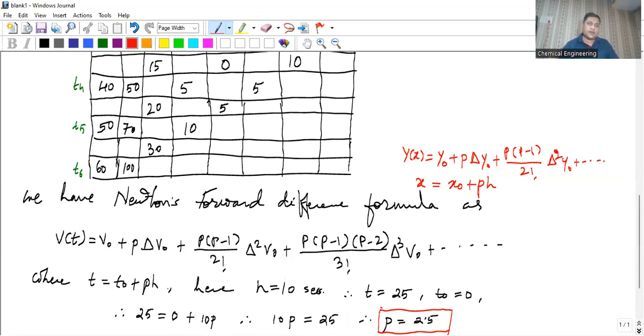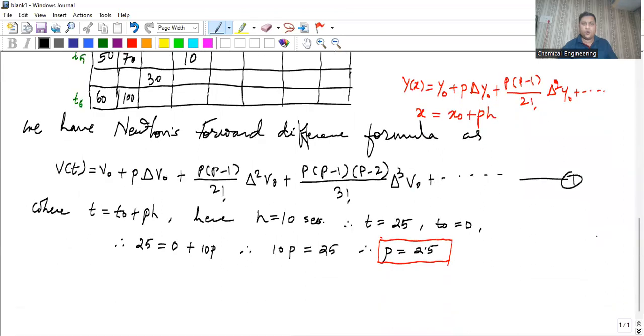Now let us write down the value of p and these values of v0 and the forward differences of v0 in this formula. Let this be equation 1.